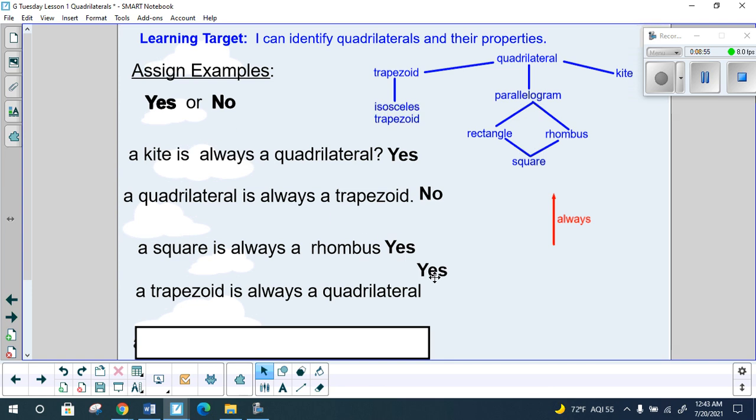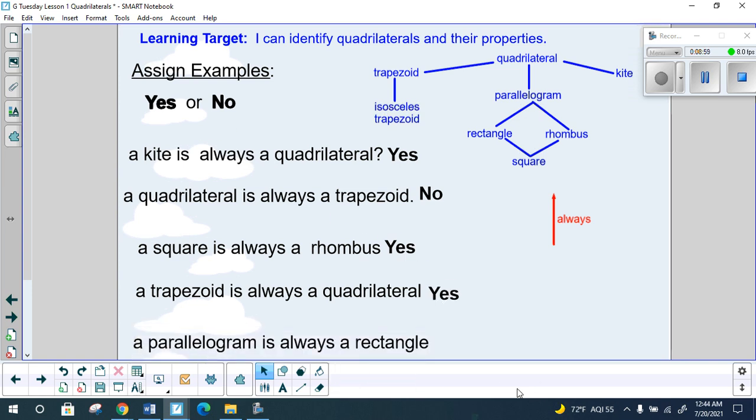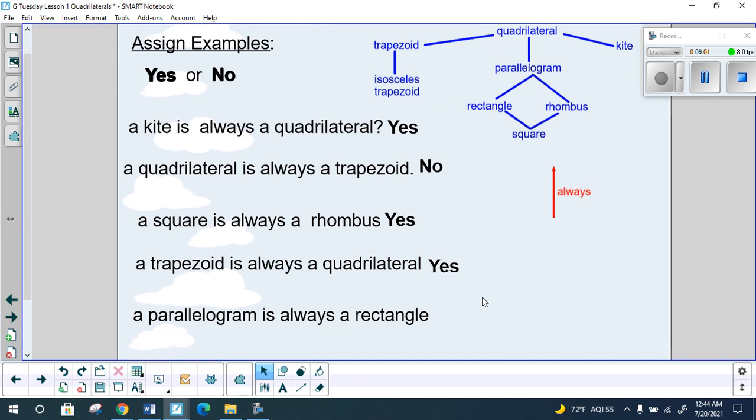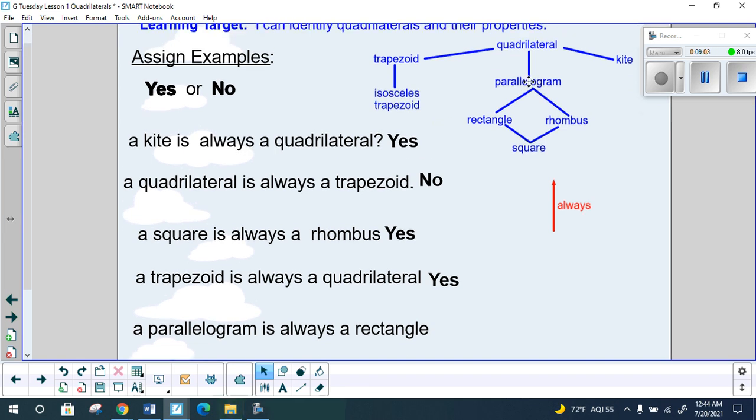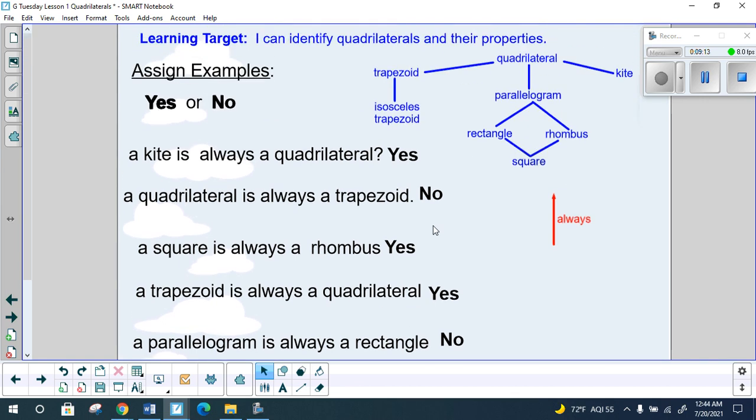That's yes. A parallelogram is always a rectangle. No, sometimes a parallelogram is a rhombus. That one's no. That's what some of the questions are like, yes or no. See, they're not super difficult.